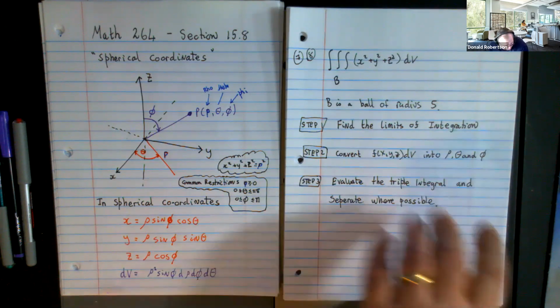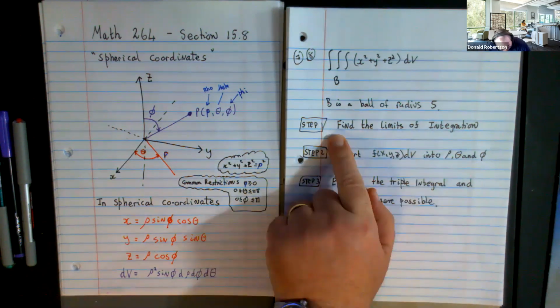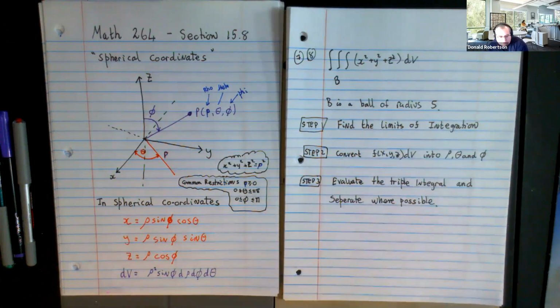Okay, you've got to do some trig integration, but hopefully that's just Calc 2 stuff with variables theta and phi, typically. So you get your question. You're going to find the limits of integration, so you're going to find out what the range of rho, what the range of theta, and what the range of phi are.